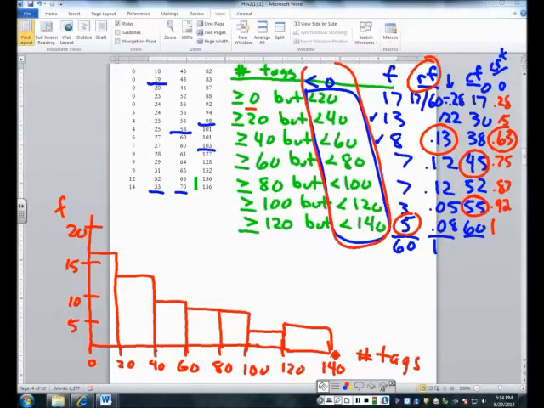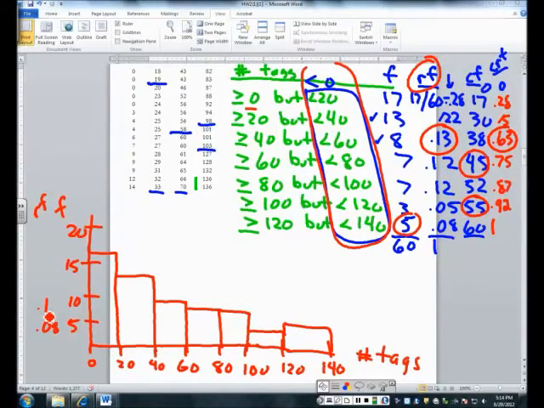Sometimes you'll see the need for a relative frequency histogram. And so we just want to get the relative number in each category. I'm just going to work right off of what we have here and add an axis that says relative frequency distribution, relative frequencies. So 5 divided by 60 was 0.08.